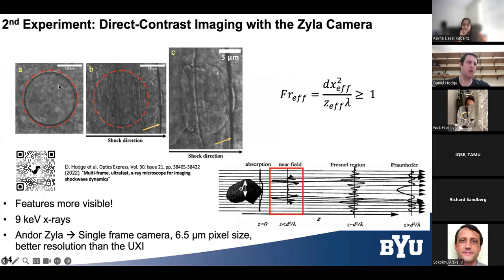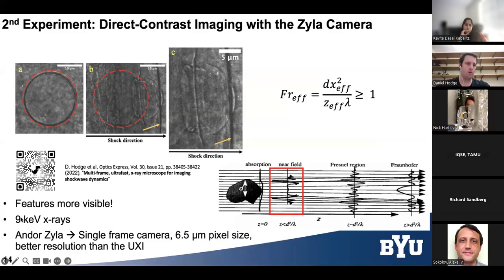In this case, we could see this static image of the void, and we could see a lot of the nonlinear features of the void shockwave interaction. We could see that the void shrunk in size a little bit, but also shifted linearly from its original position. And we could see that the shockwave here is basically already past the void, and there's a lot of nonlinear features due to that interaction in this particular geometry.